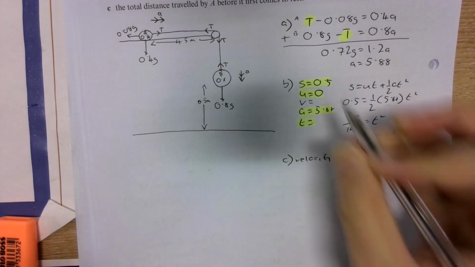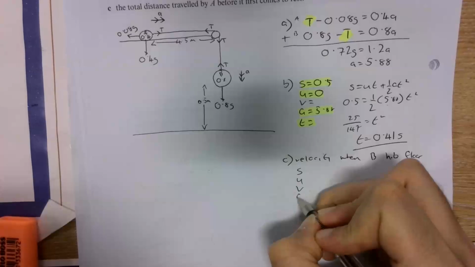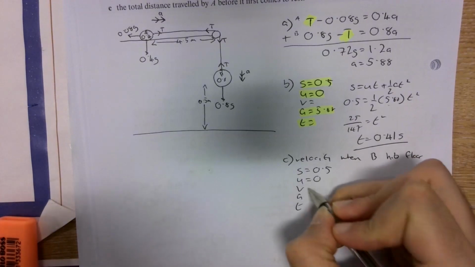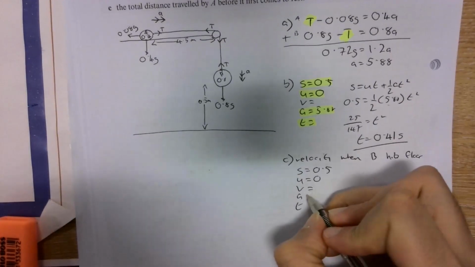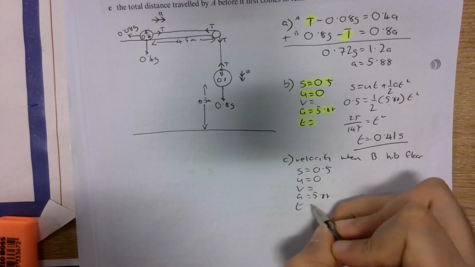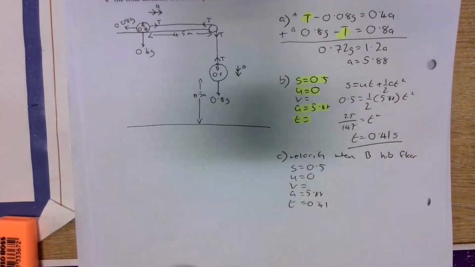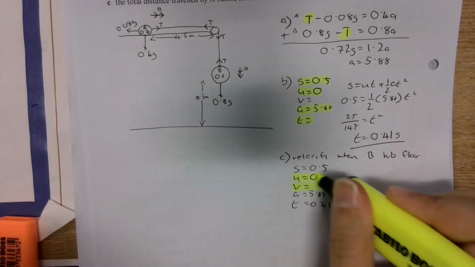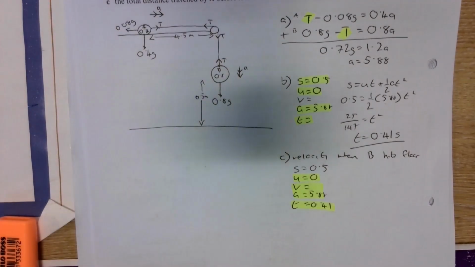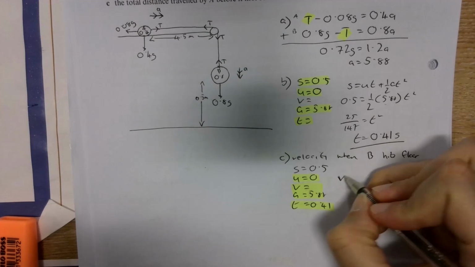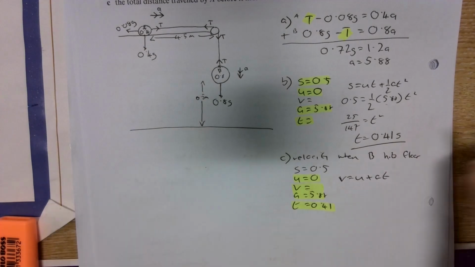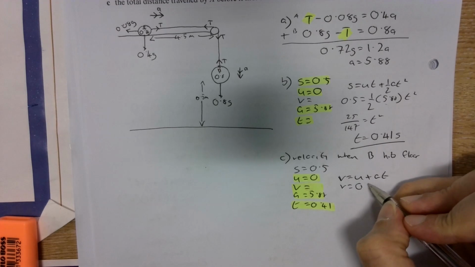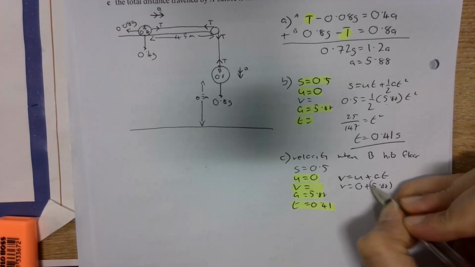So we've got quite a lot of information about this journey already. We know that U equals 0, V is what we want to figure out, we know A was 5.88, and we know T was 0.41. We can pick loads of different equations to use here. If I want to know V, I'm going to use U, A and T, because the first formula we ever learned was V equals U plus AT. So V will equal U, which is 0, plus A, which is 5.88, times 0.41.